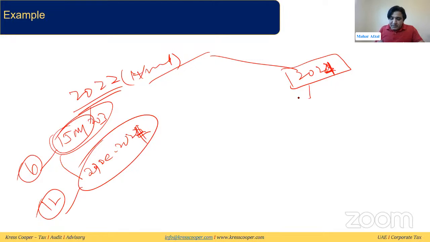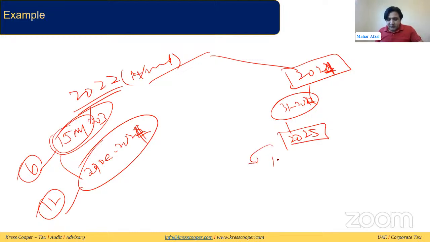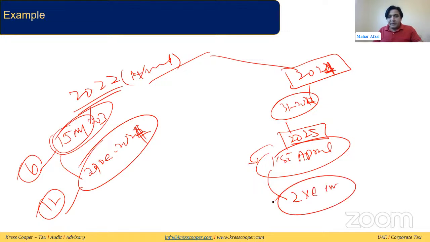The calendar year ends on 31st December 2024. After the end of calendar year comes 2025. In the 2025 first tax period, assuming the first tax period starts from 1st of April, from 1st of April onward, for 2 years, they need to continue the reporting and perform this test.